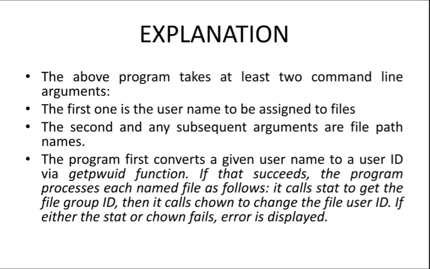The program first converts a given username to the user ID through the getpwnam function. If that succeeds, the program processes each named file as follows. It calls stat to get the file group ID, then it calls chown to change the file user ID.